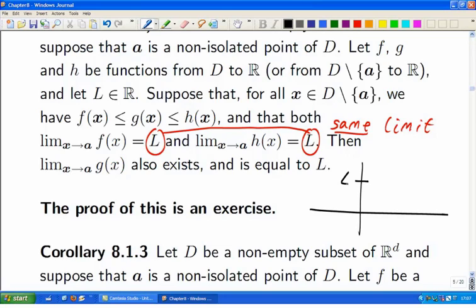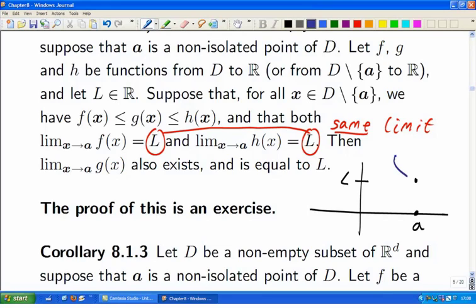Let's suppose it's functions from R to R. And here's the value that f and h both approach. So the big one that's above everything else is h.